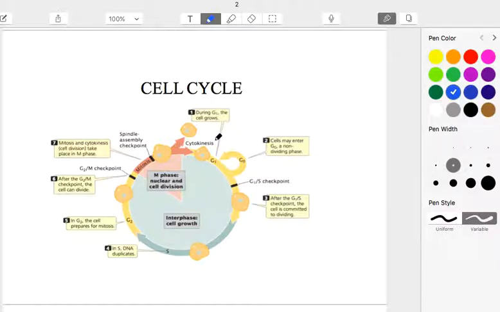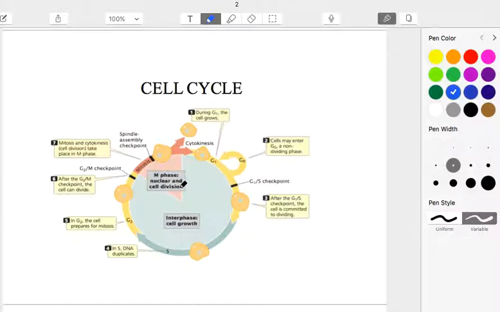The cell cycle means how cells go from interphase to mitotic phase. It is a very critical process. Let's talk first about interphase. Interphase is the first stage of cell division.